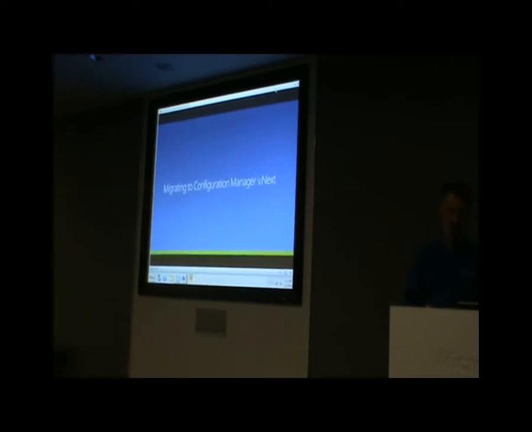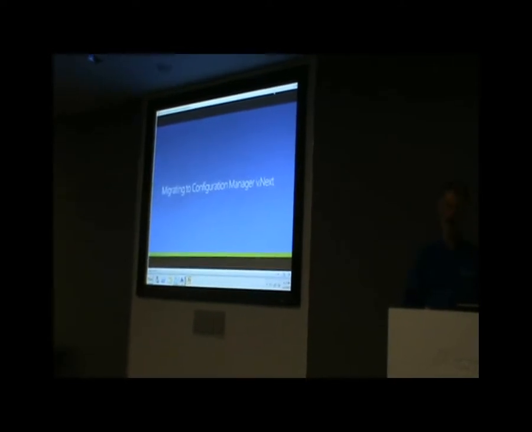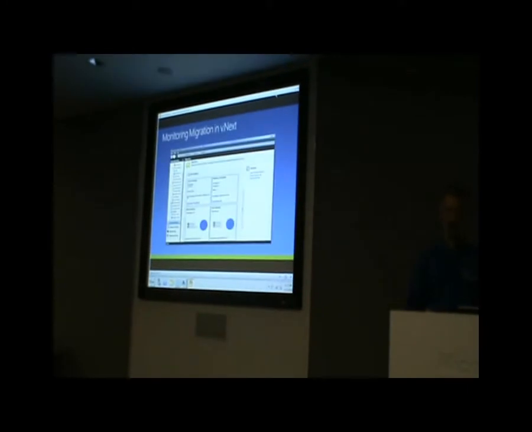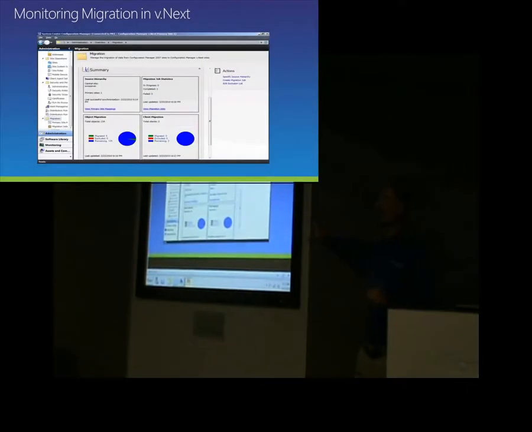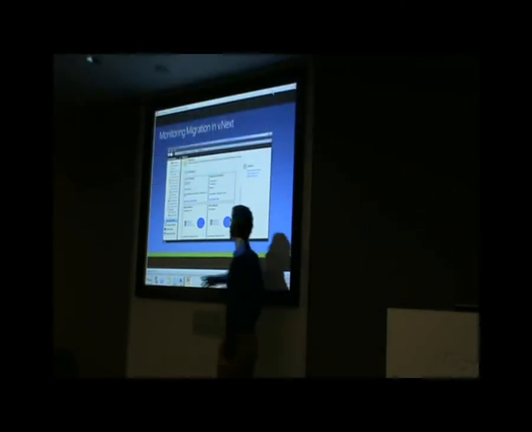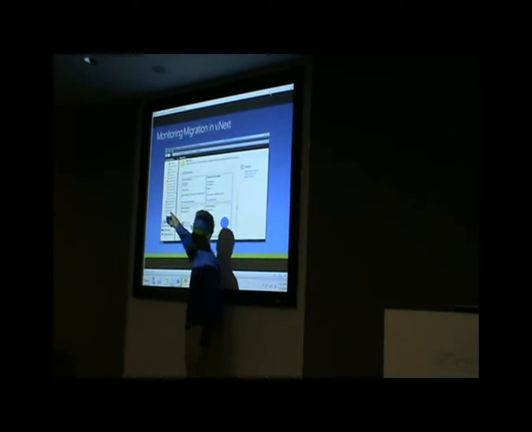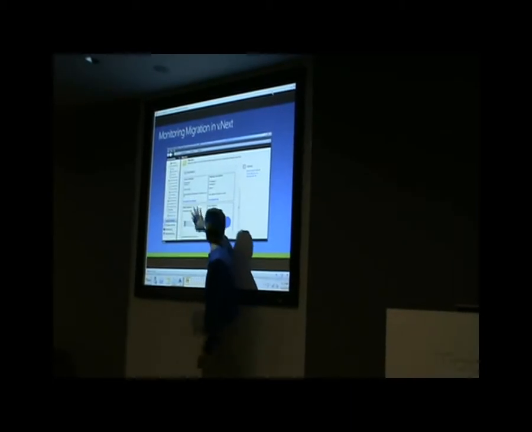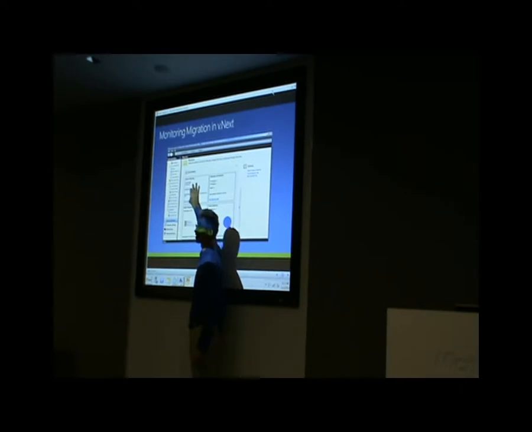Now, specifically, to get from where you are today to the vNext product. So you saw this home page, and you'll see it again coming up very shortly. This is the home page for migration. You go to the administration wonder bar, and you click the migration node down at the bottom, and we give you those 4 quadrants. Here's what your ConfigMgr 2007 hierarchy looks like as far as primary sites.